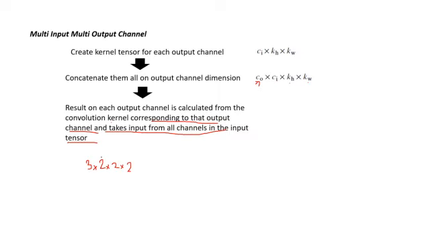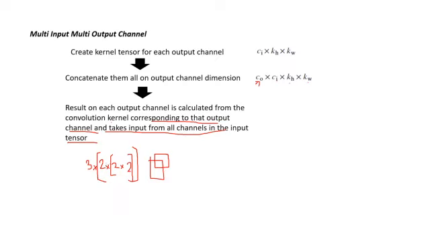Now how will this look? As I have said, 2 cross 2 cross 2 means there will be two 2 cross 2 matrices, and 3 cross 2 cross 2 cross 2 means there will be 3 such data structures. Like in the previous slide, your kernel looked like this and each was a 2 cross 2 matrix.